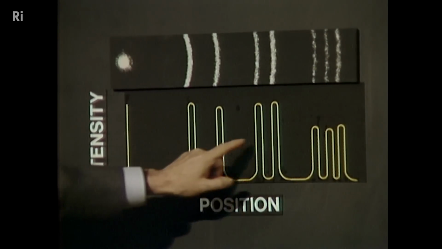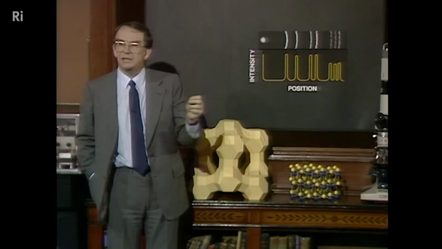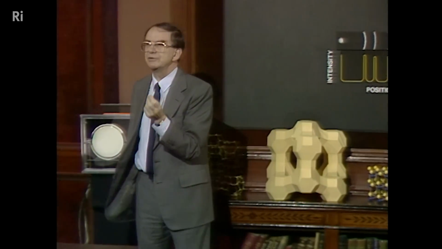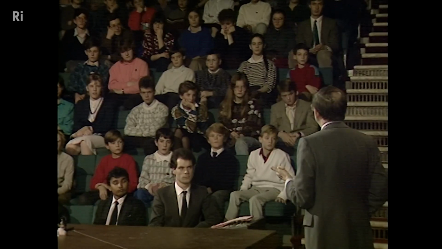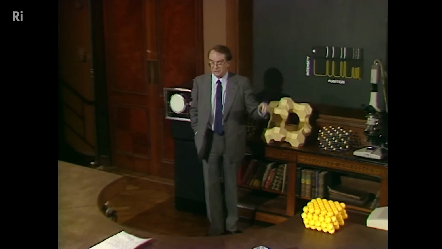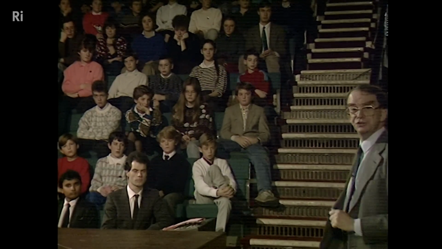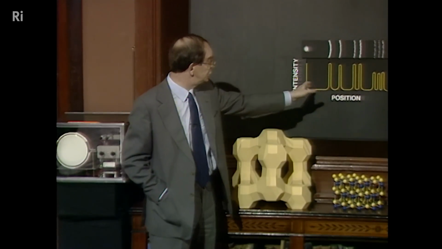You see that and that are about the same intensity. These are lower intensity. In other words, any material has its characteristic fingerprint. If we do a diffraction experiment, as I hope they'll be doing downstairs in a few moments, we will get such a pattern.